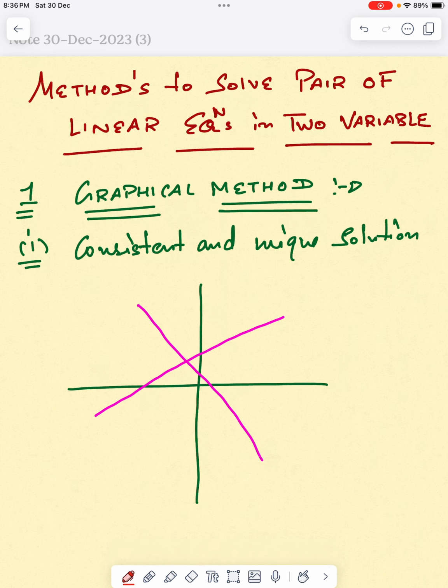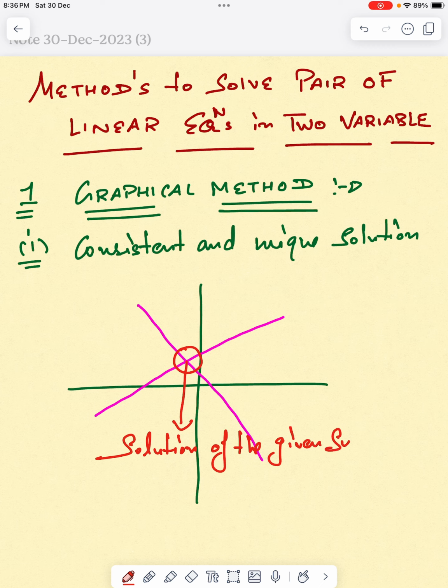Only at one point the graph is intersecting. The coordinate you get, the pair x comma y, will be the solution of the given system of linear equations.